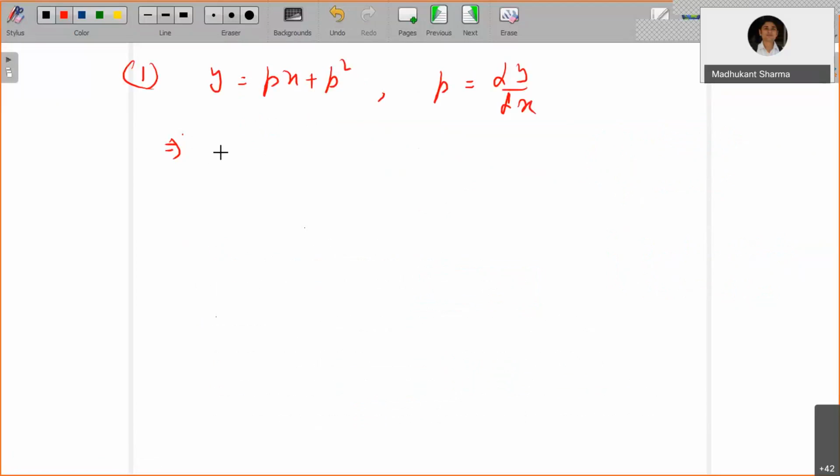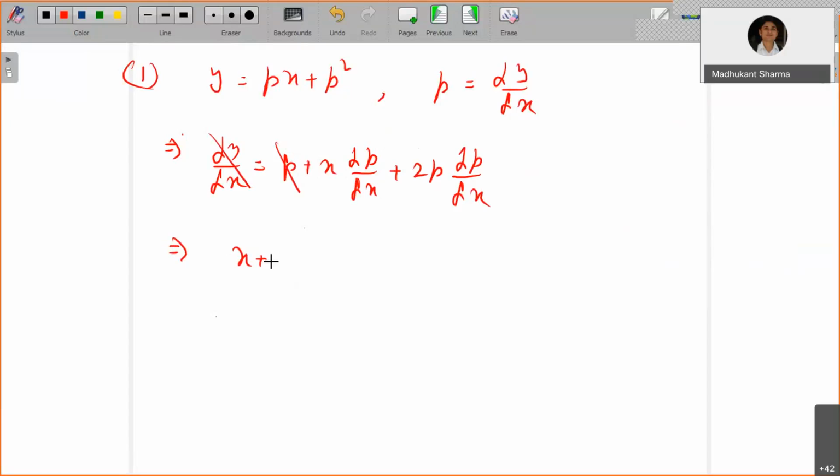So this implies dy by dx equals p plus x times dp by dx plus 2 times p times dp by dx. Now, note that dy by dx and p are the same. So this implies x plus 2p times dp by dx equals 0.